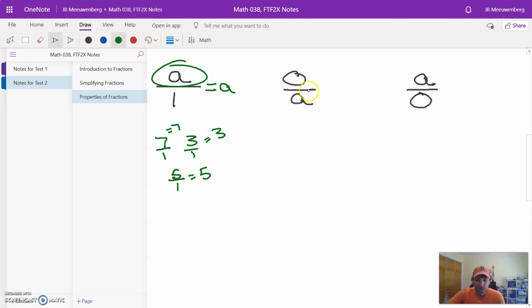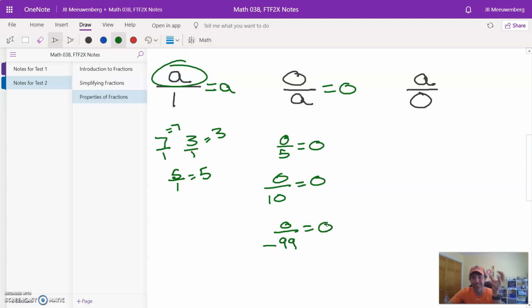0 over A. We actually talked about this before. We didn't write it in this notation. 0 over 5. 0 over 10. 0 over -99. 0 on top and a number on the bottom. Those are always going to be equal to 0. We can take the number 0 and divide it by something. It ends up to be 0. A over 0. 7 over 0, 19 over 0, -352 over 0.